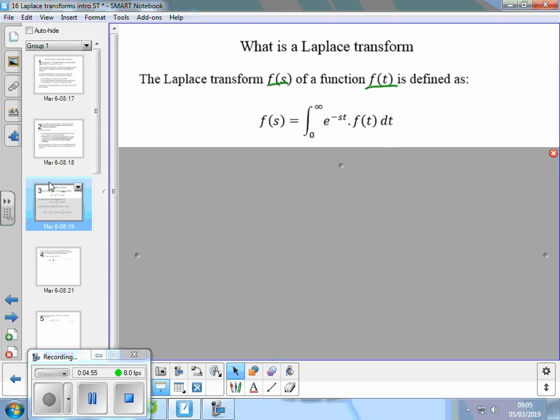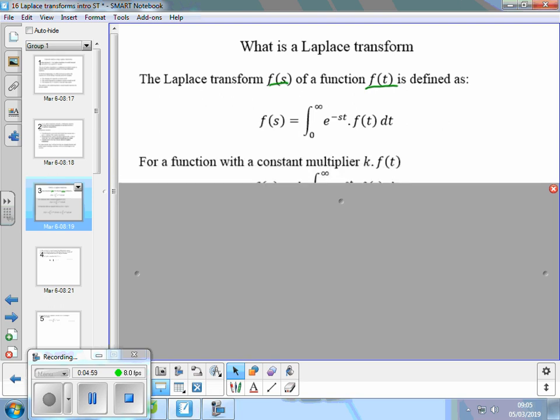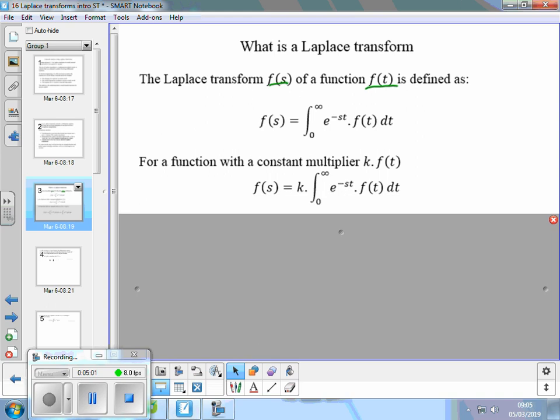You take that function and you find the integral of it. For a function where there's a constant multiplier, rather like we do with normal integrals, we can take that constant multiplier outside of the integral and multiply the result by that constant.